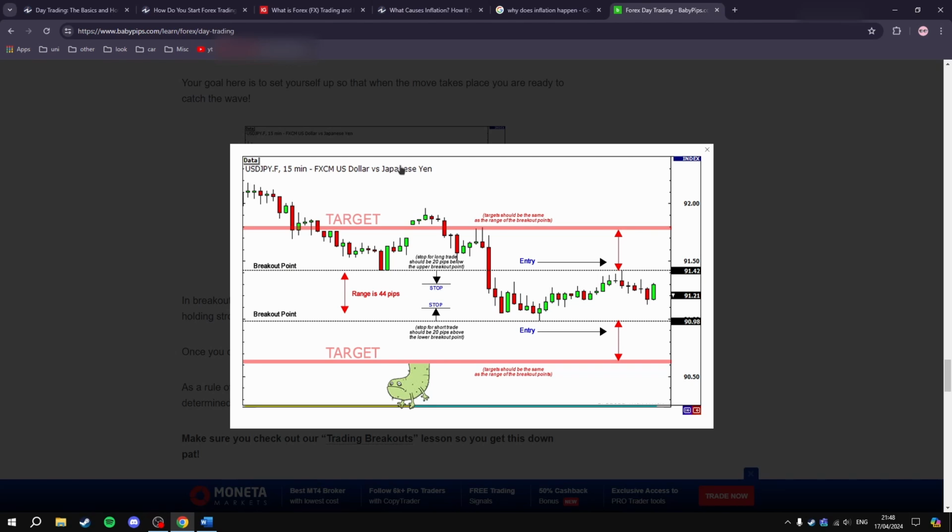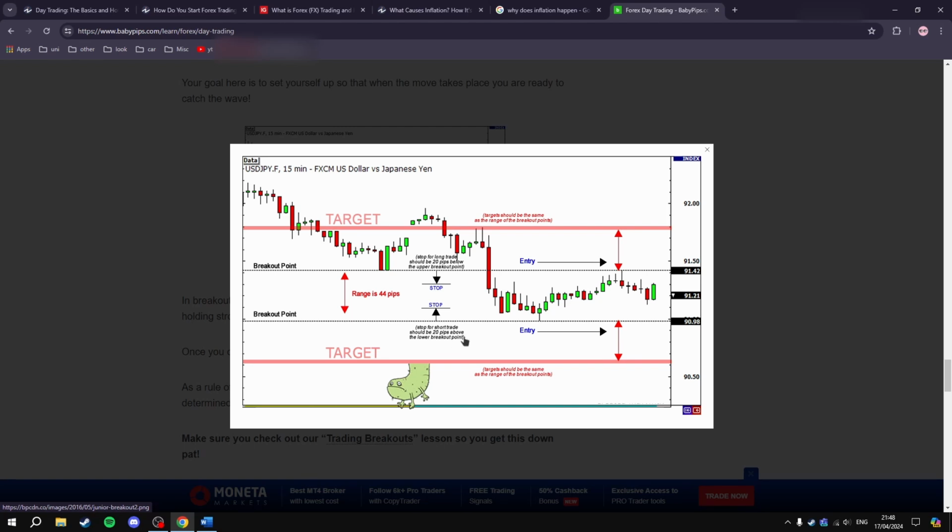So USD versus JPY, 15-minute chart. We've got the breakout point. I'm assuming this is the resistance, support. Stop for a long trade should be 20 pips below the upper breakout point.